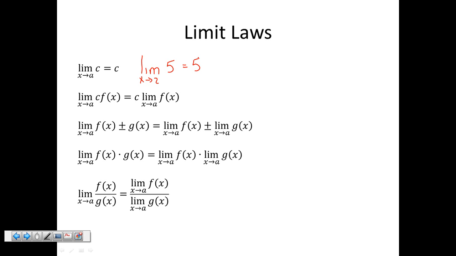We can take the limit of each function separately and then multiply after we've taken care of these two smaller, easier functions. Our last one, the limit of a quotient. Again, we can take the limit of each part of this quotient. We can take a limit of the numerator, take a limit of the denominator separately, and then just divide after we have those answers.